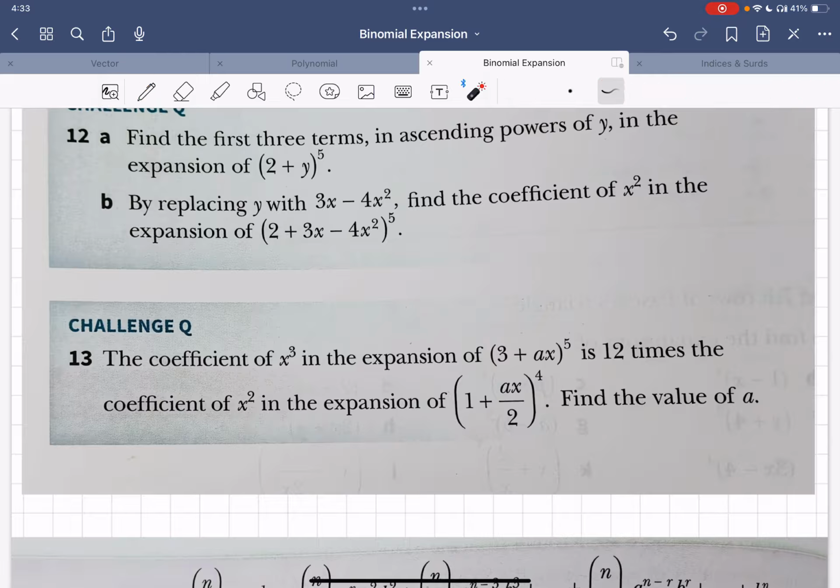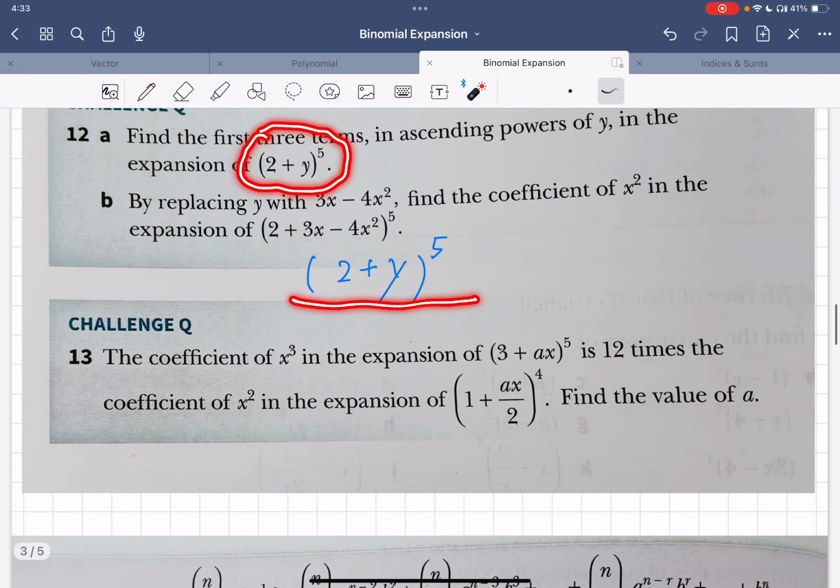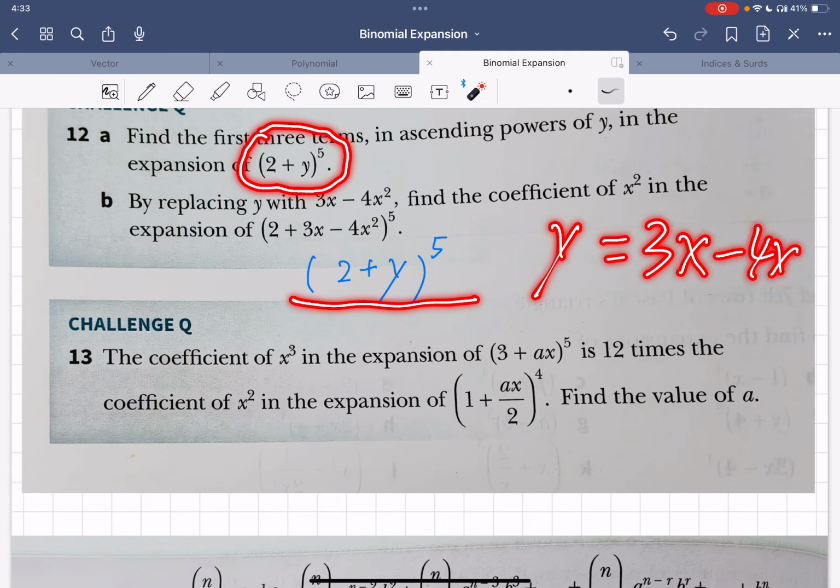By substituting this term into y, we've still got (2 plus y) to the power 5, the same as the first question's result. Just apply the first question's answer to this one, where y equals this term. Then you can solve the question.